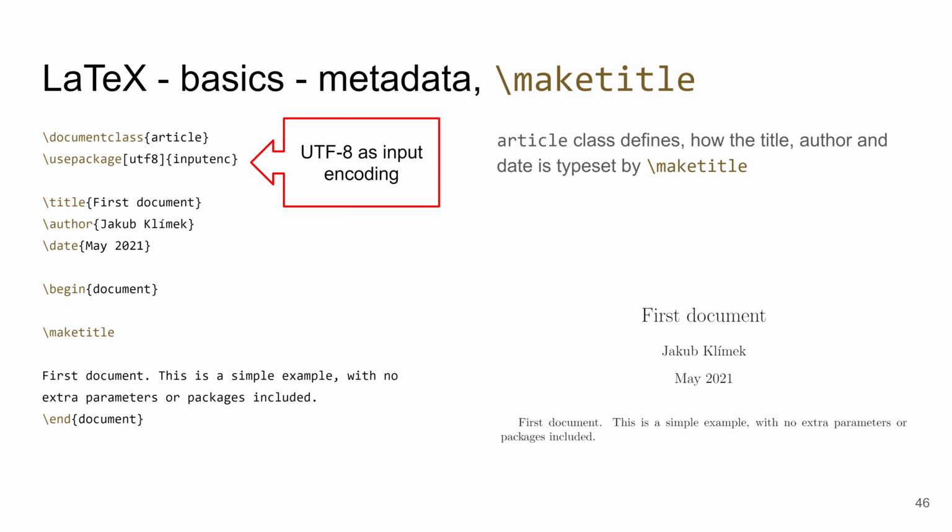So here in the beginning of the document we have the maketitle command, and what it does is what you see on the right. Basically the article class specifies which metadata gets printed out and how it is formatted. Again, you don't have to worry about this. Everything is specified for you in the document class.